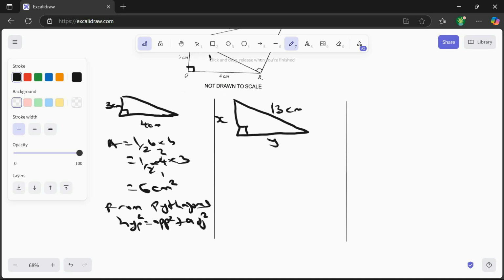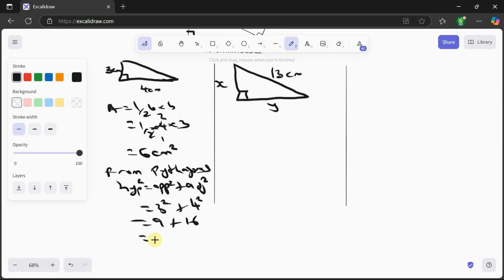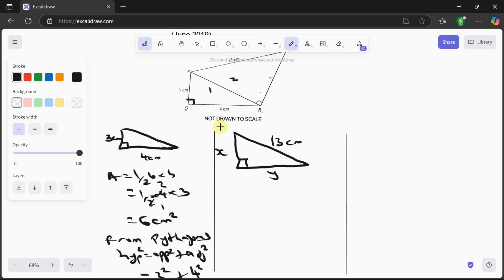We don't know the hypotenuse, but we know the opposite to be 3 squared and the adjacent to be 4 squared. So that's 9 plus 16, which is equal to 25. So the hypotenuse would be the square root of 25, which is 5 centimeter. Great. So that means X is 5 centimeter.